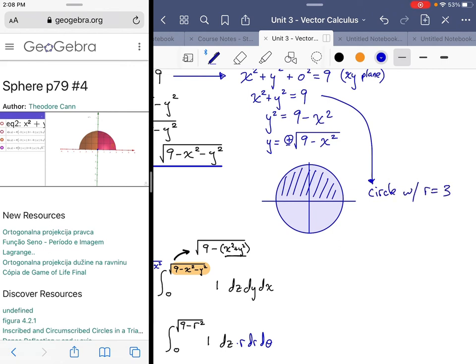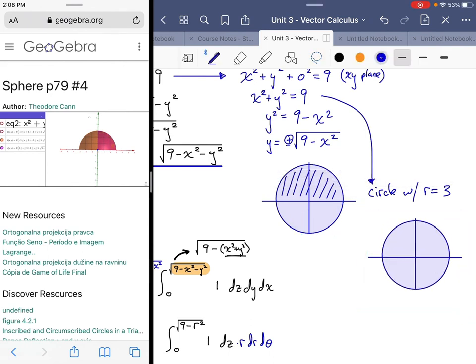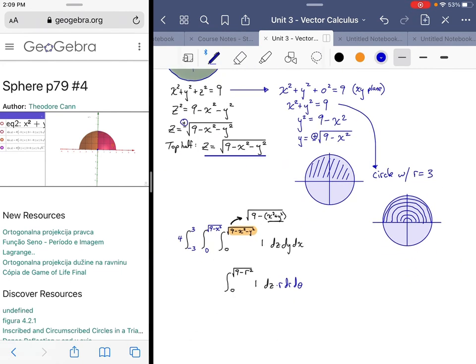So in polar form, if I want to cover the same space, I'd be arcing my way out from center with circles having radius of 0 all the way to circles having radius of 3. All right, so that's nice.